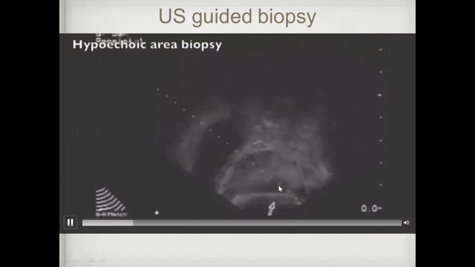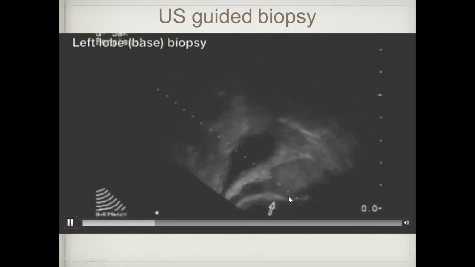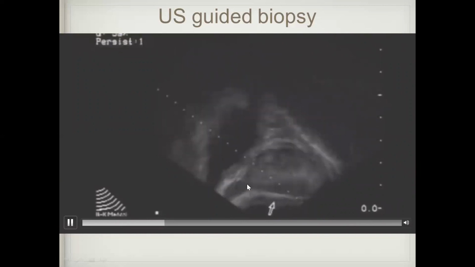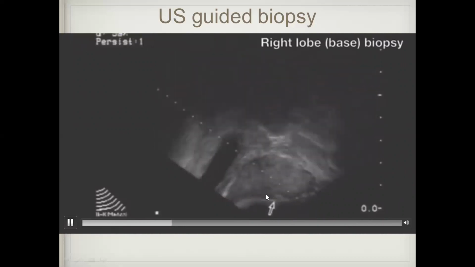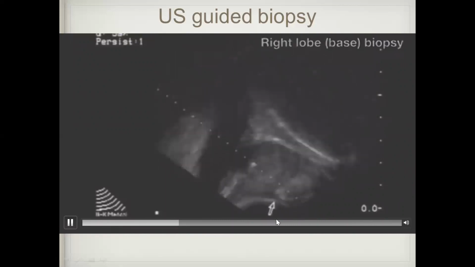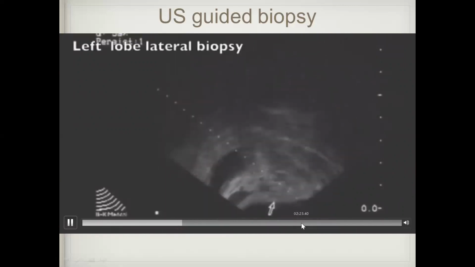You can see this is the needle. This is our path. You can see here the needle is a white line. In different areas we can guide the needle and take multiple biopsies from this prostate. So any mass or any lesion, we can guide by ultrasound or CT to take a biopsy from it.